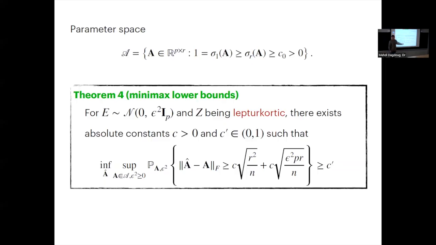And this is a new result in the sense that the latent distribution has to be leptokurtic non-Gaussian. If you're familiar with the existing literature on minimax lower bounds for estimating low dimensional subspaces, everything is analyzed under Z being Gaussian. For Z being non-Gaussian, you need to construct different hypotheses to prove this minimax lower bound. So it doesn't follow from the existing literature. Okay.